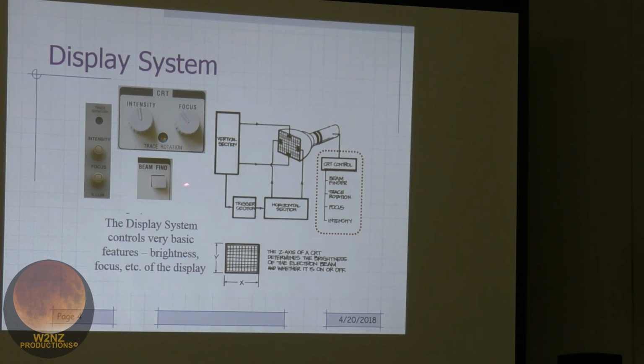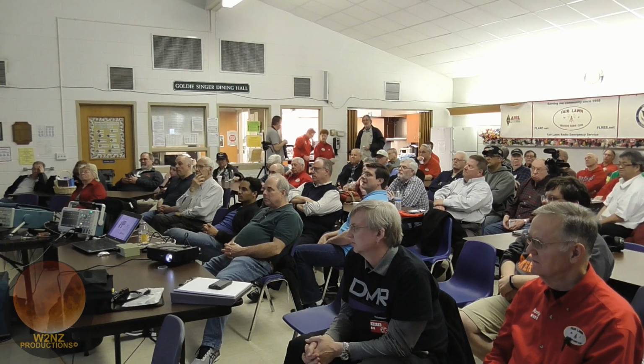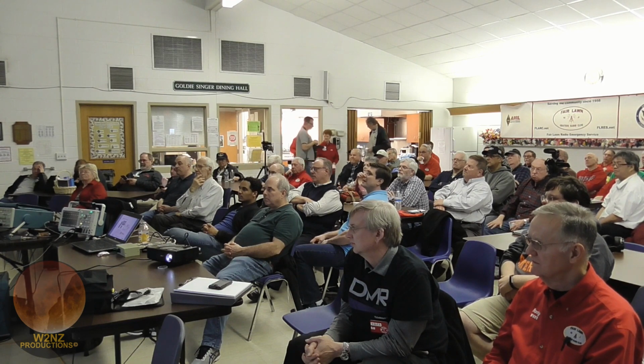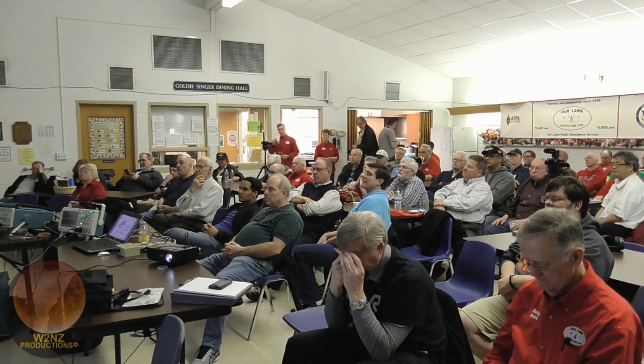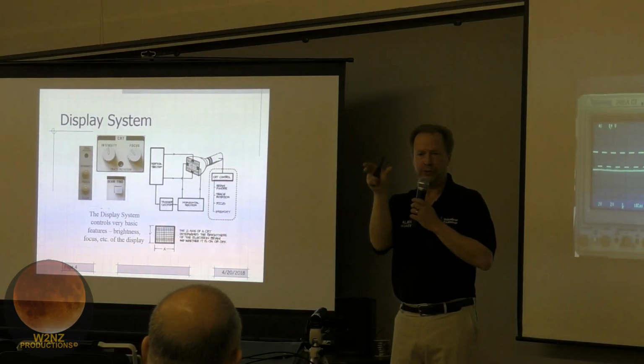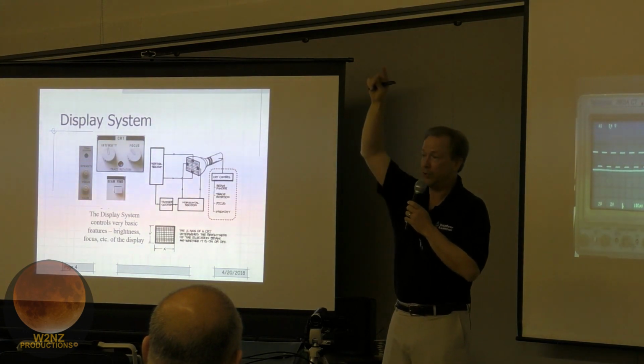There's another one here called beam find. And what beam find does is, how many of you turned on your scope, you go to use it and there's no trace? Well, is there no trace because I'm not probing the right spot, or I'm not triggering, or the scope is broken, or is it off the screen somewhere? What beam find does is it reduces the deflection voltages, both X and Y, to compress things on the screen so you can see, oh, there's my trace way up there.